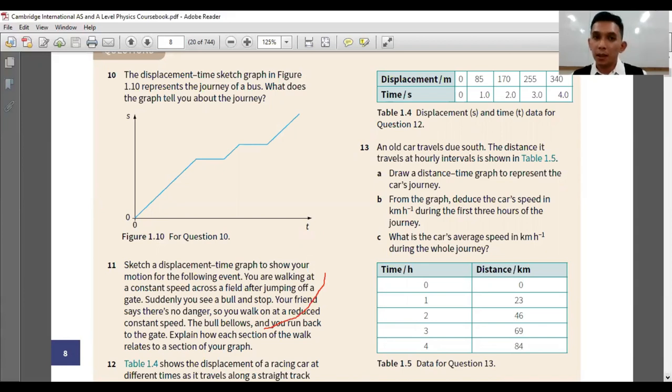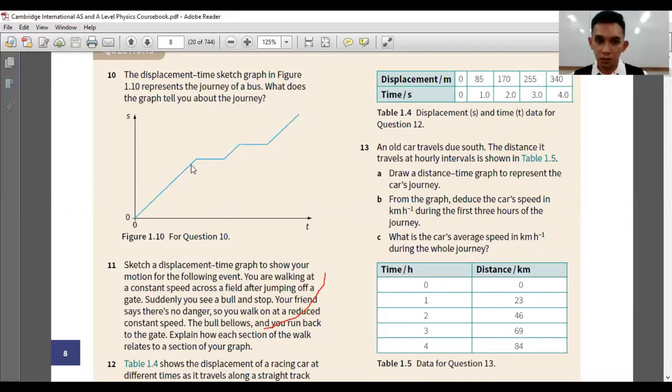So let's see number 10. The displacement time sketch graph in figure 1.10 represents the journey of a bus. What does the graph tell you about the journey? Okay, so here you see going up. This is between displacement and time, so it means that the gradient is the velocity.